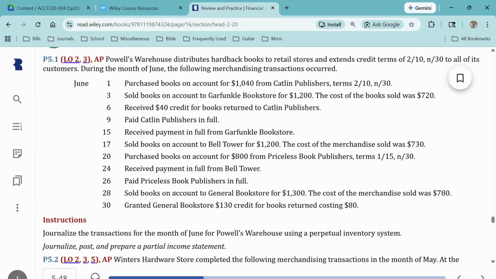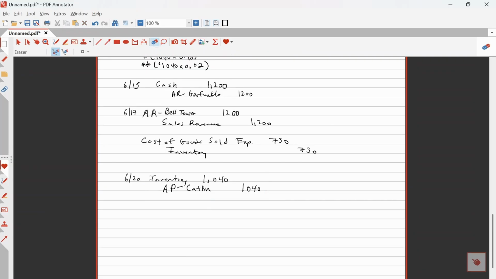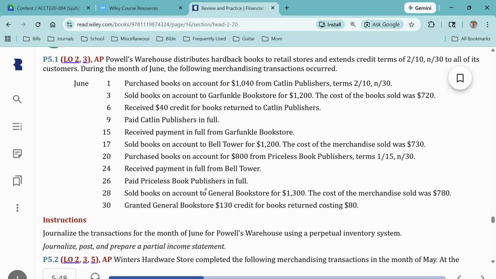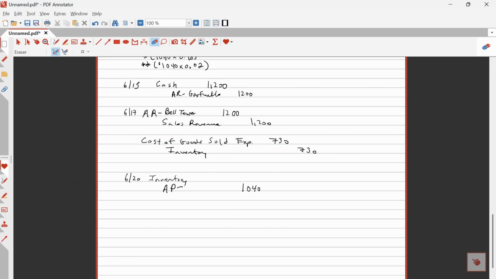So we're buying $800 of inventory, and the publisher from whom we are buying is Priceless Books, and it was 800.